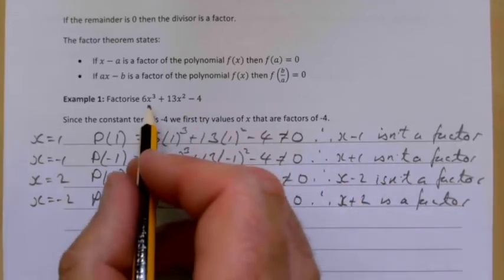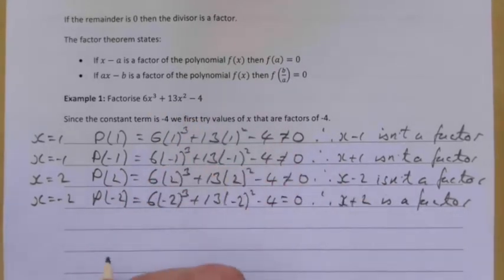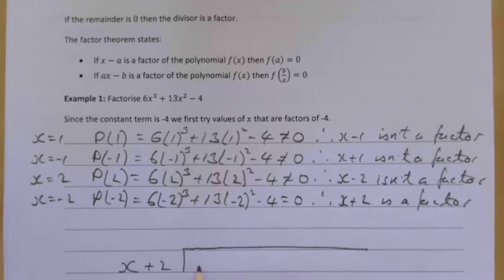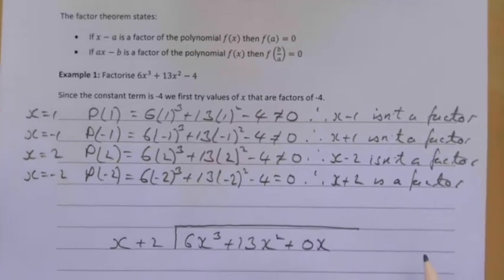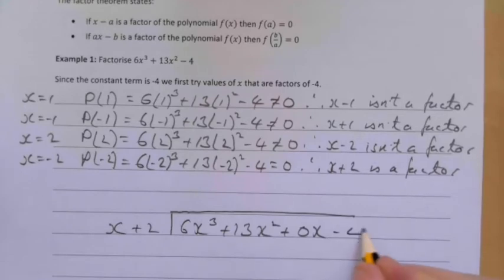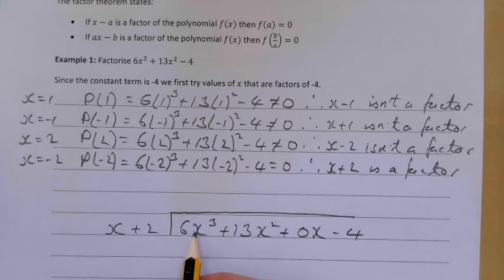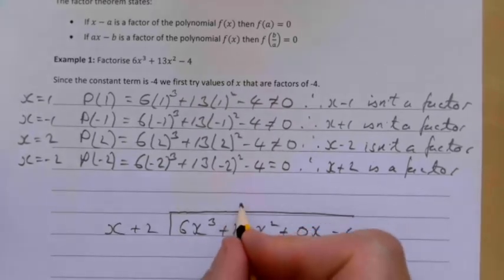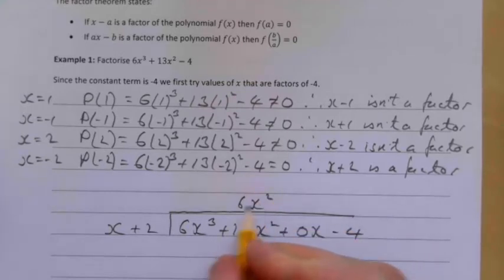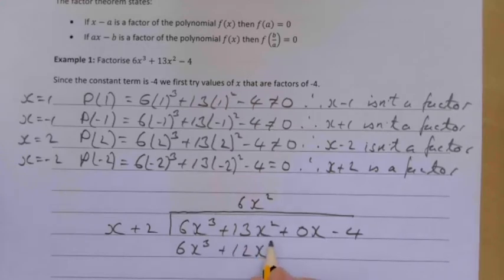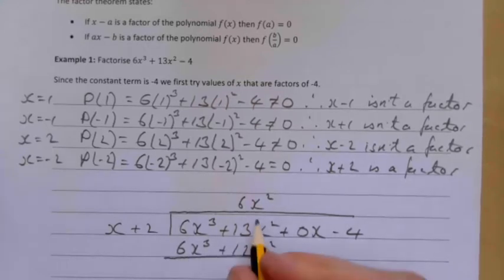So we think x plus 2 is a factor of this here. So if we divide through, we should then get the quadratic that we're looking for. So x plus 2 into 6x cubed plus 13x squared, plus 0x. Remember I said that a couple of videos ago, to leave the gap for it if it's not there, and we're going to divide this through. X times what gives me 6x cubed? That's going to be 6x squared. 6x squared times this gives me 6x cubed plus 12x squared. And I'm going to subtract this.